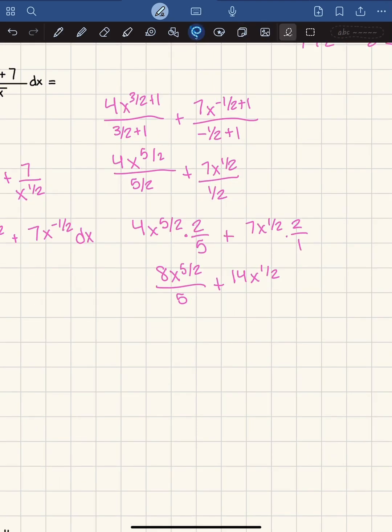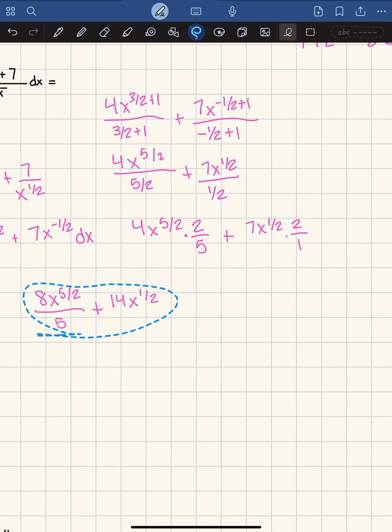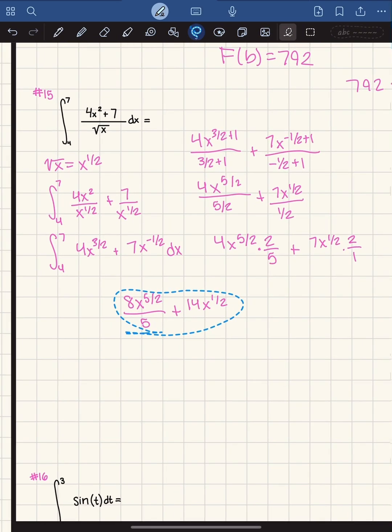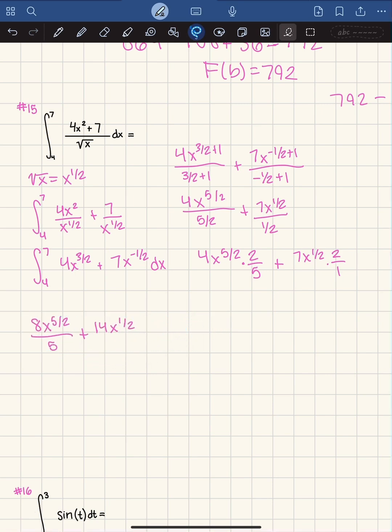Now we can evaluate the definite integral using FTC. So we can take this and integrate it from 4 to 7. First we can do big F of 7 and plug in 7 for all the x's.